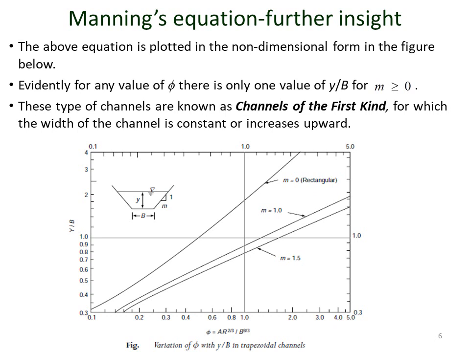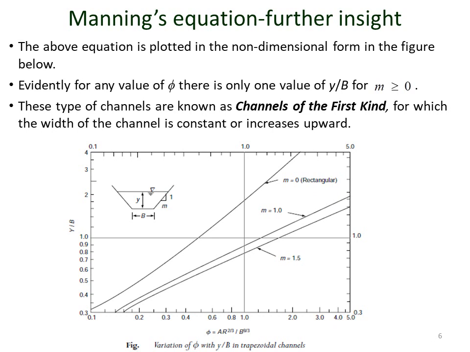Note one thing: the section factor has been non-dimensionalized, and the function is called phi, and the flow depth is also non-dimensionalized by the bottom width of the channel. So on the ordinate you can see y by b, while on the abscissa you can see the function phi given by A R to the power 2/3 by b to the power 8/3.